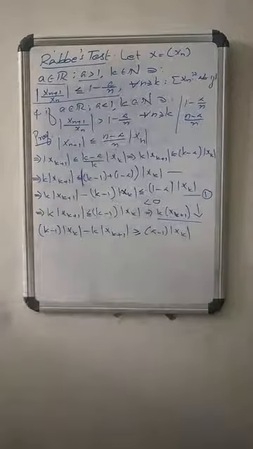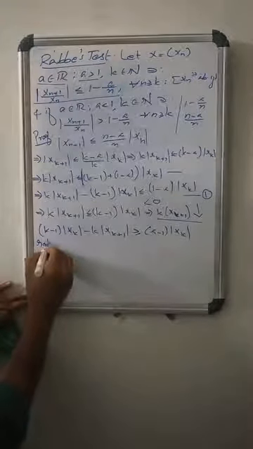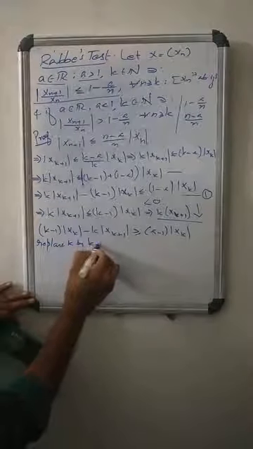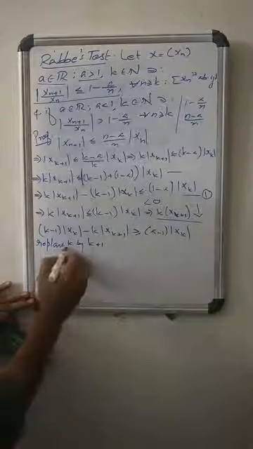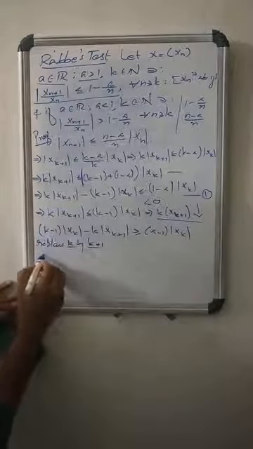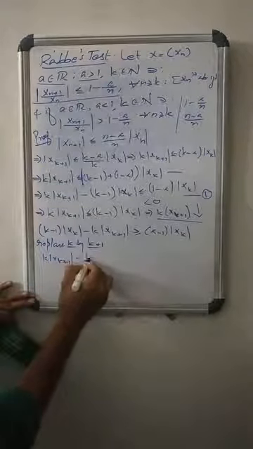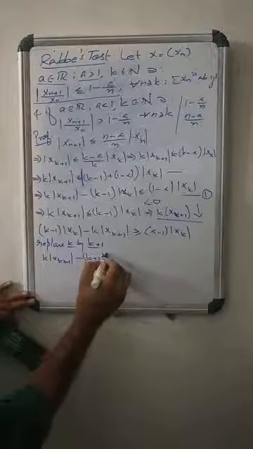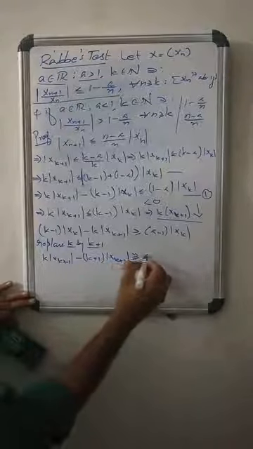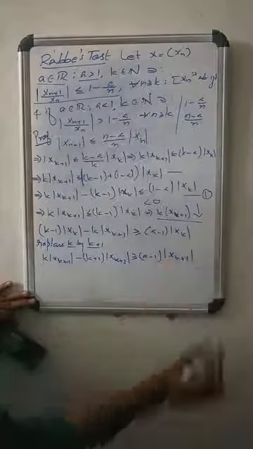Now you can replace k by k plus 1. What do you get? It is k into mod xk plus 1 minus k plus 1 into modulus of xk plus 2, greater than or equals a minus 1 into modulus of xk plus 1.